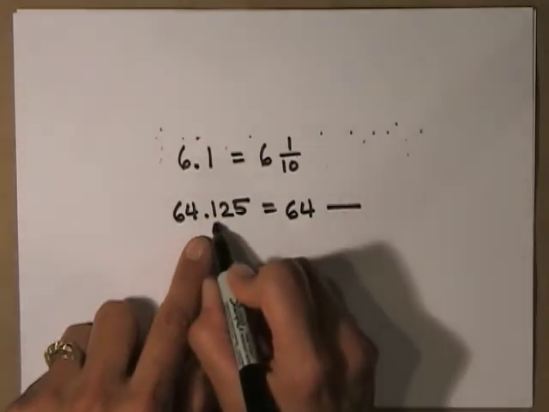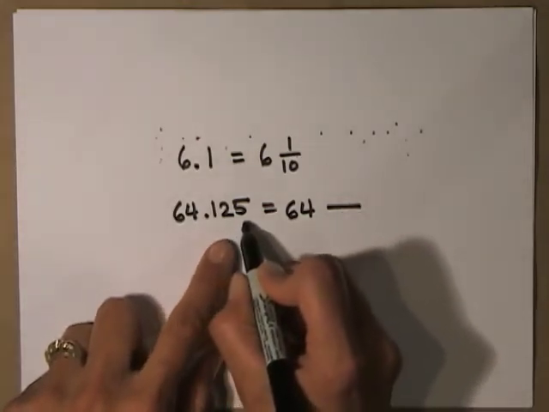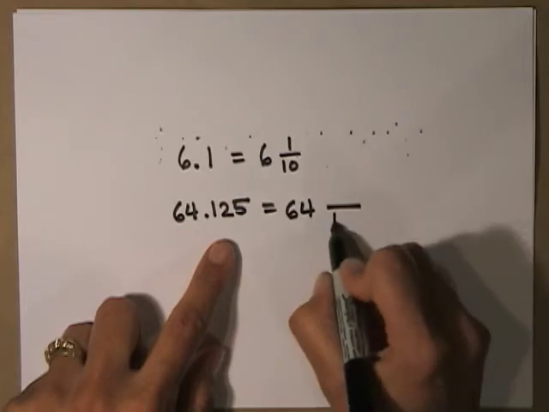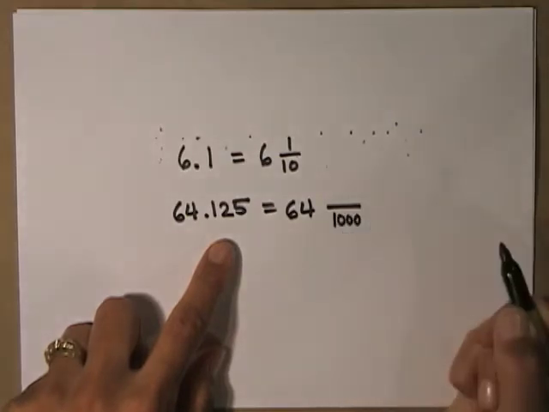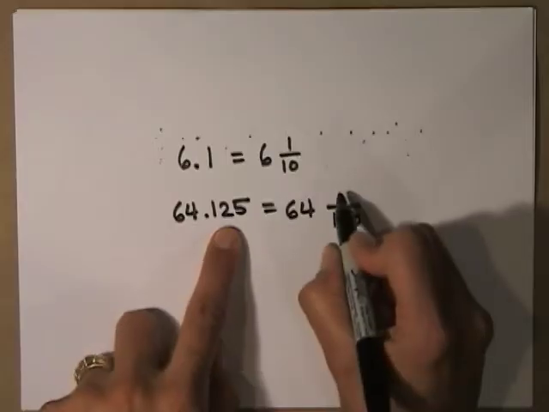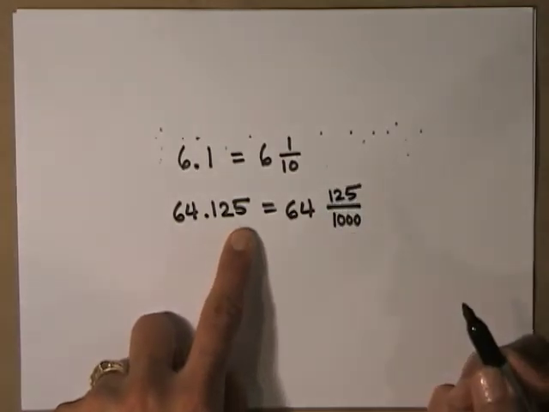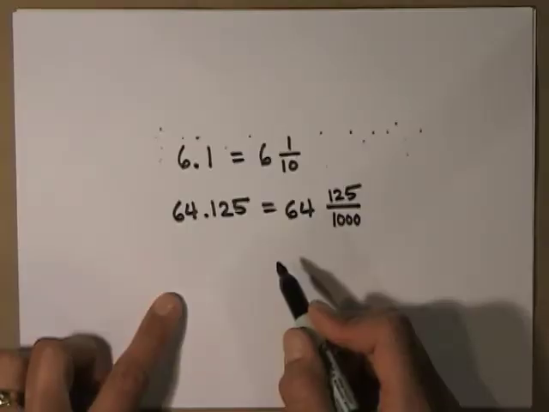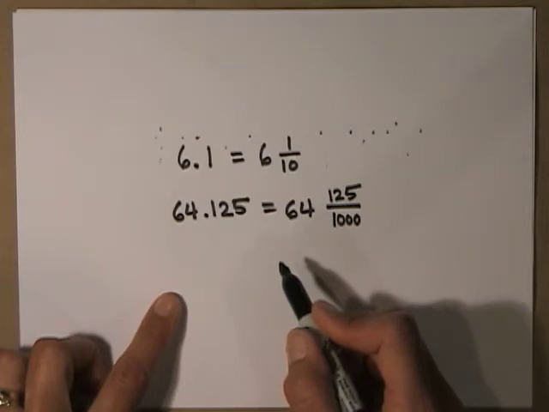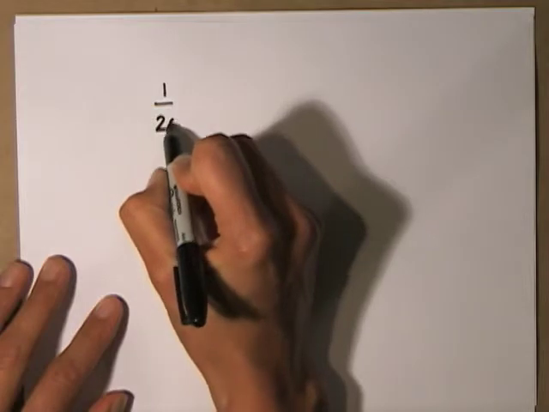I look at the 10th place, 100th place, 1,000th place, and I know then that my denominator becomes 1,000, and my numerator is the whole number of the decimal, 125. 64.125 can be read as 64 125/1000. Most fractions have decimal equivalents.